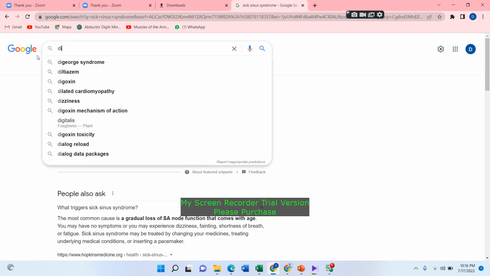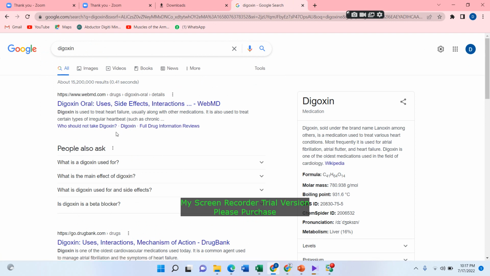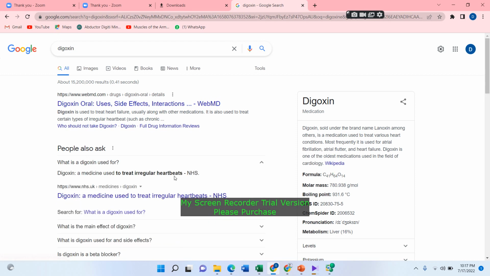Okay, and also I want to check out this digoxin. Digoxin is used to treat heart failure, usually along with other medications, and to help keep a regular heartbeat.